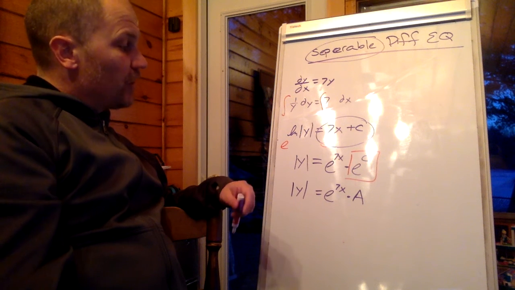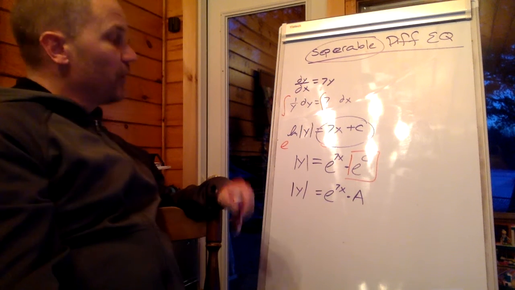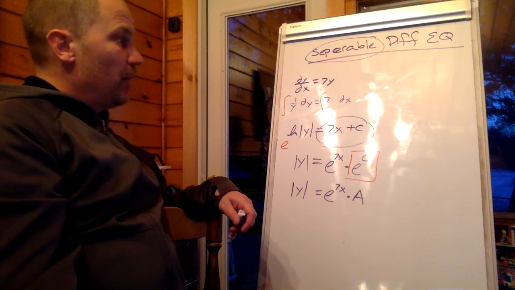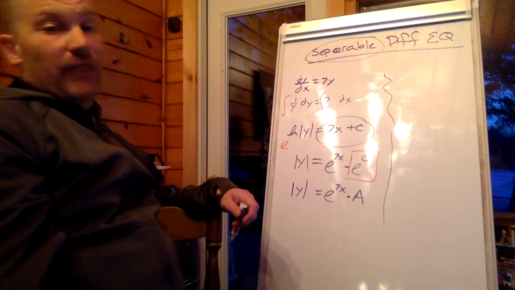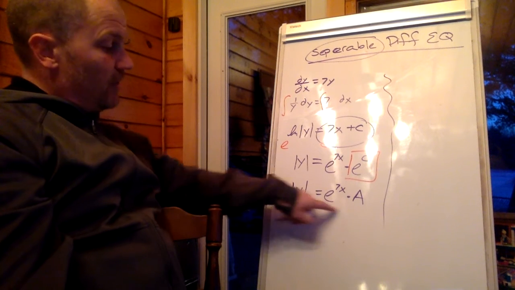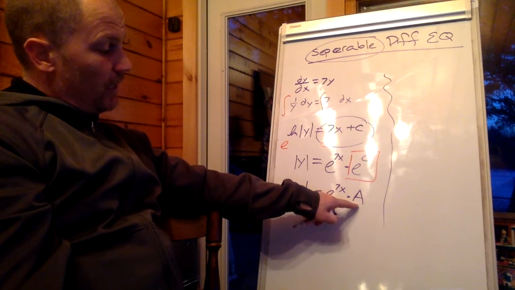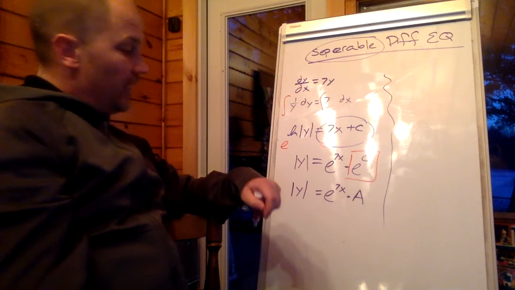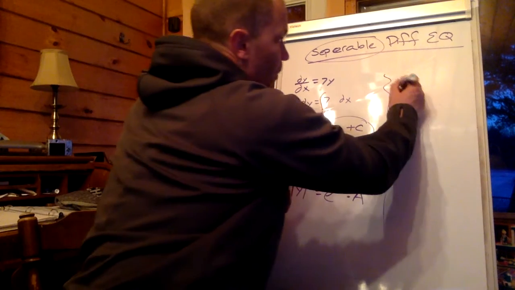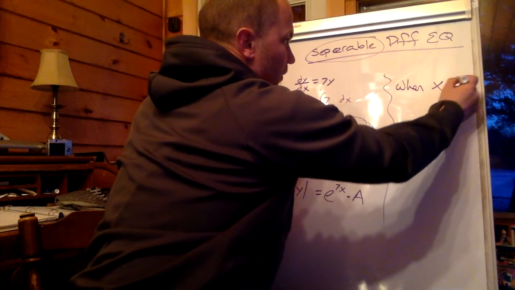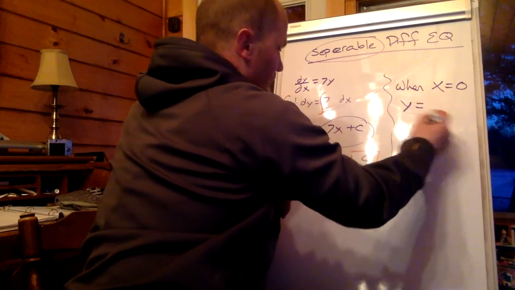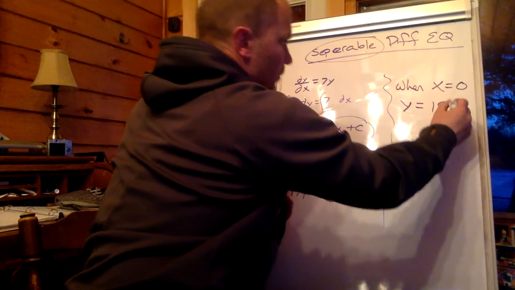Let's say, so now we have our differential equation, we've solved it. The question might be, find the particular solution, right? This is an infinite number of solutions because of A. So they might give us something like, when x equals 0, y equals 12, right?